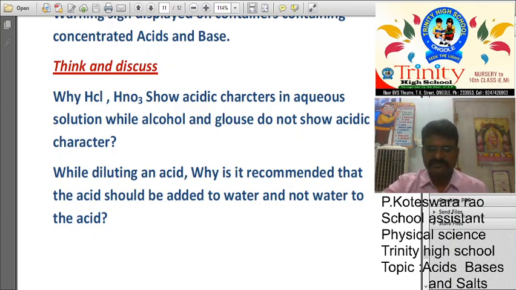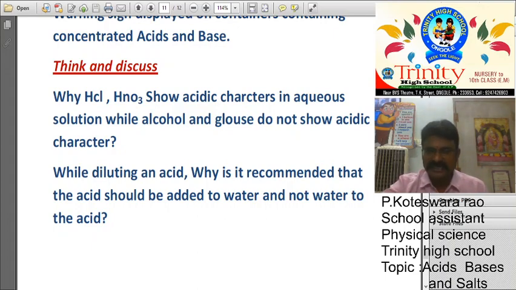This is the second question. While diluting an acid, why is it recommended that acid should be added to water, and not water to acid? This is what we already discussed just now.